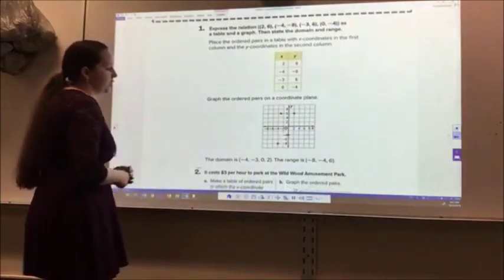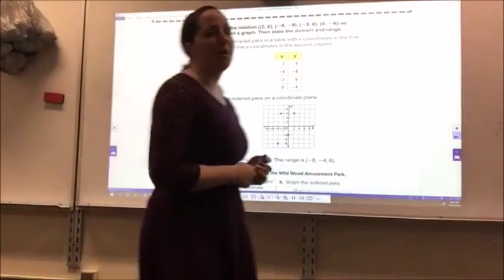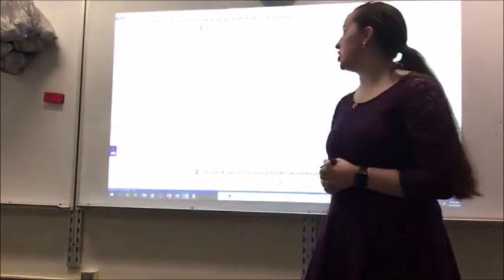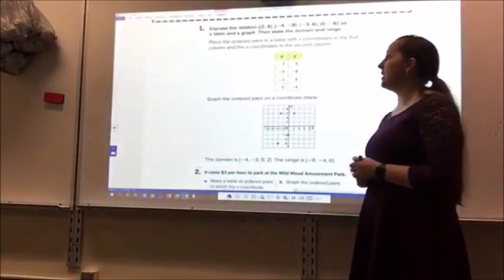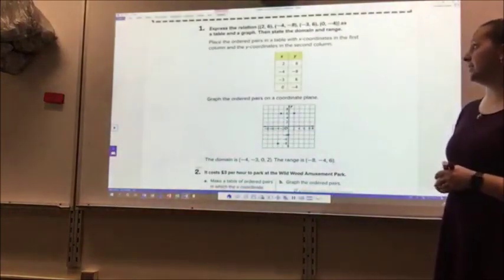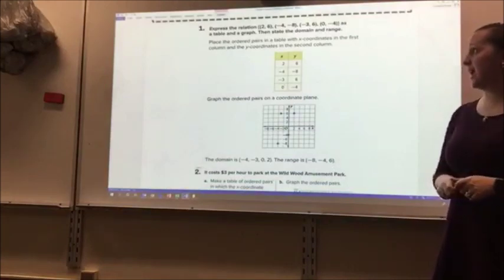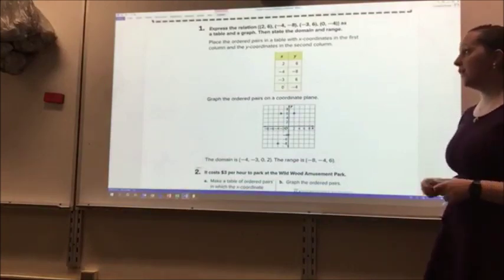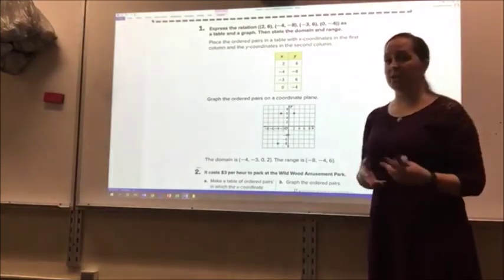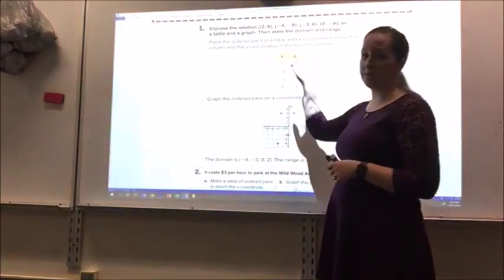So let's take a look at an example. I want to express the relation (2, 6), (-4, -8), (-3, 6), (0, -4) as a table and a graph. Then I want to state the domain and the range. First, I place the ordered pairs into a table. I make a T-chart, okay?